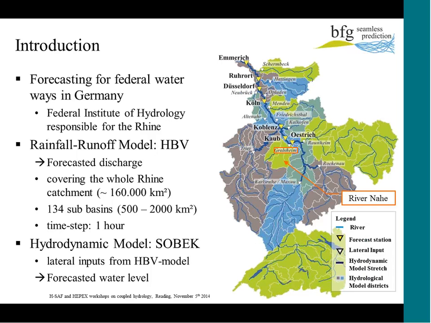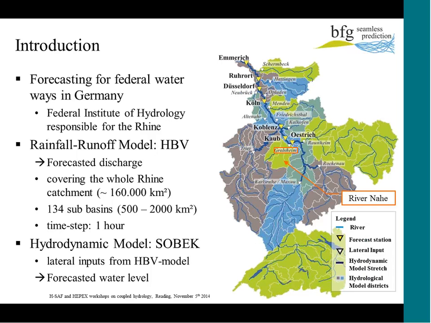So we use the conceptual rainfall runoff model HBV to provide boundary conditions for a hydrodynamic model inside the main river, and well, we set up some test catchments for data assimilation.